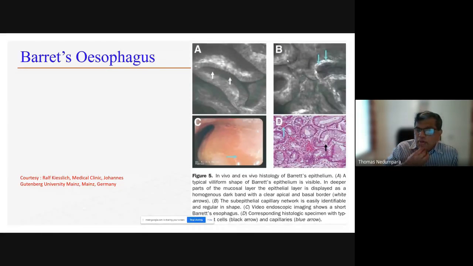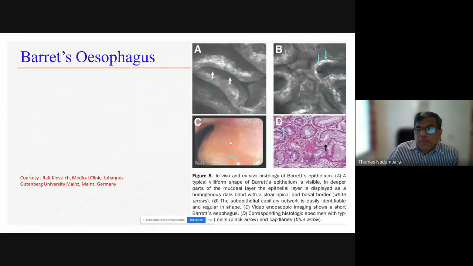So why it is important is because in the lower end of the esophagus, due to acid reflux, the lining changes from what you call squamous epithelium, which is pale, to a pink color, which you call intestinal metaplasia, which I already alluded is a precancerous condition.